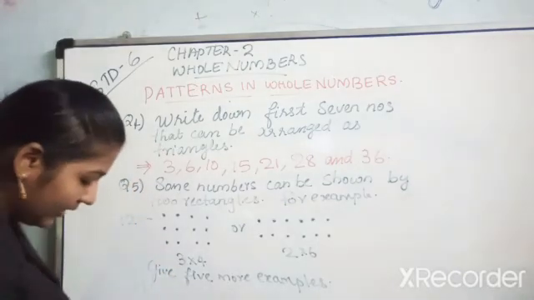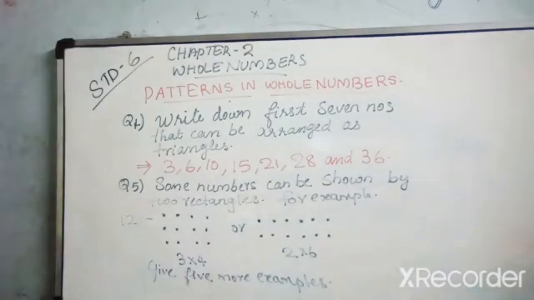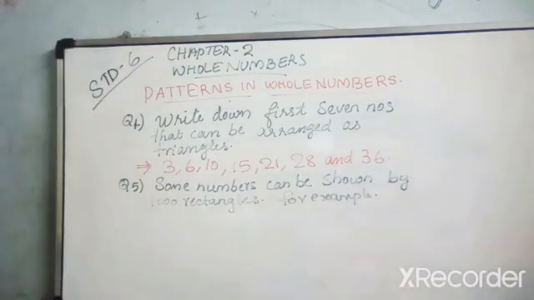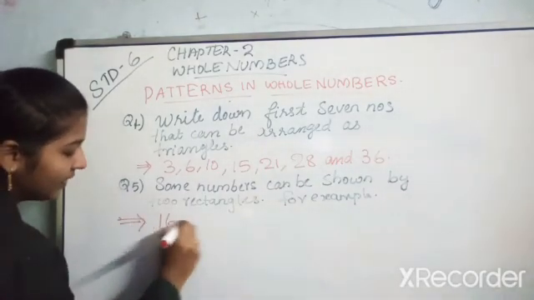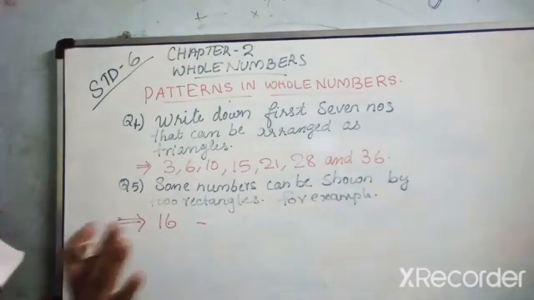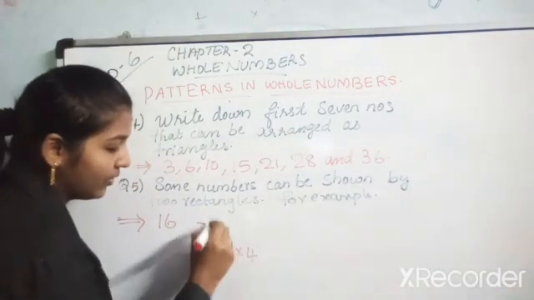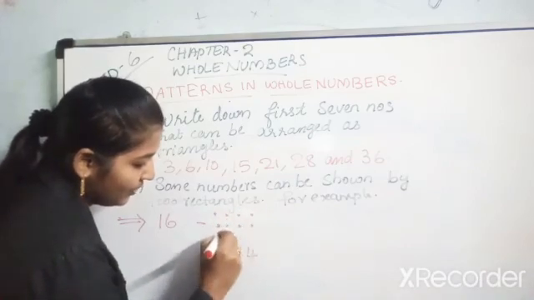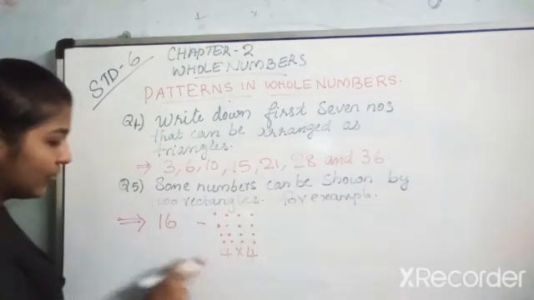So what are the answers? I am going to write the answer here. Tell me, children, the number 16. 16 we can arrange as 4 into 4 and 2 into 8. So 4 into 4 you can draw here: 1, 2, 3, 4, four times, which shows 16.